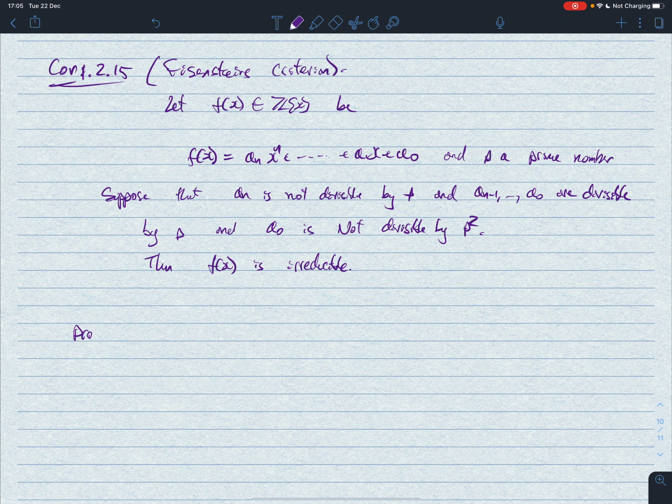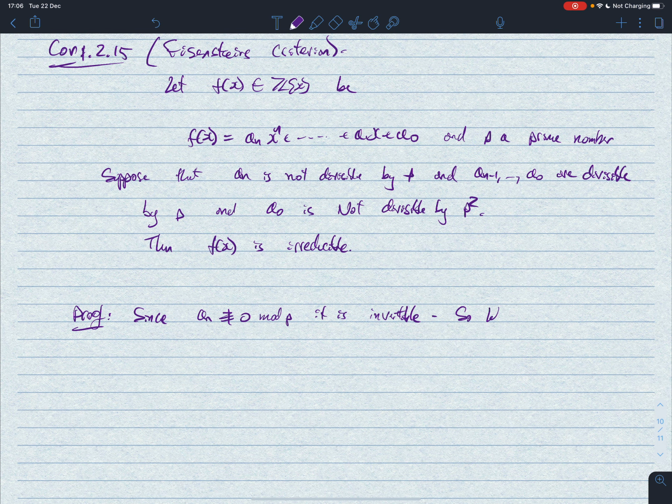Proof. Since a_n is not 0 mod p, it is invertible. So let b be any integer such that b is congruent to a_n inverse mod p.